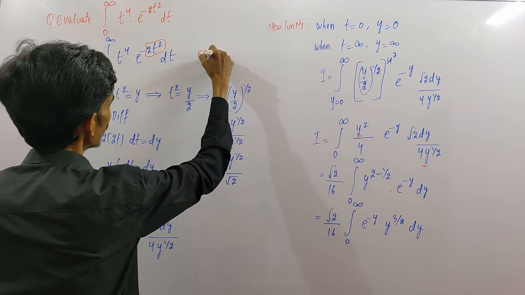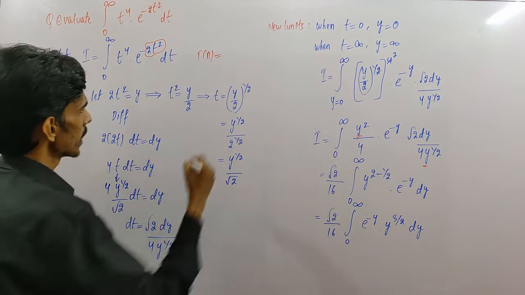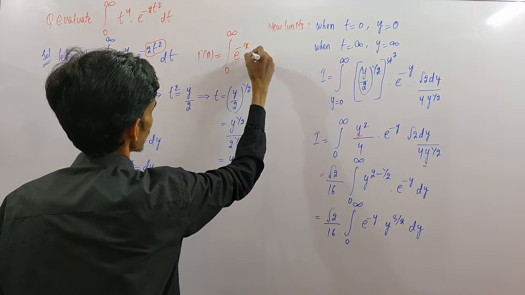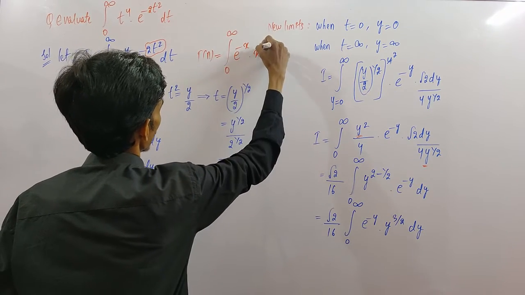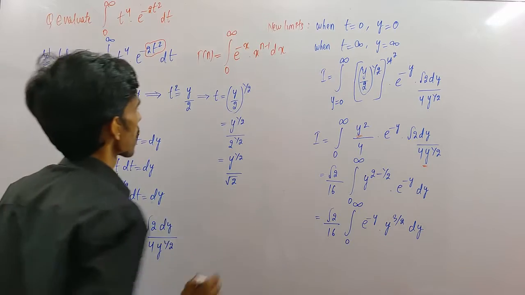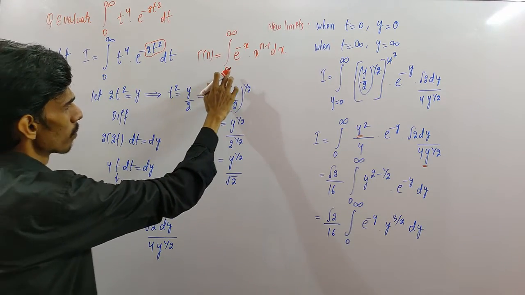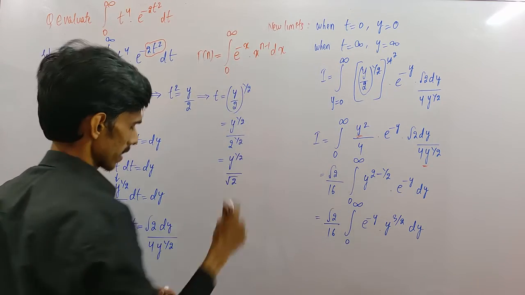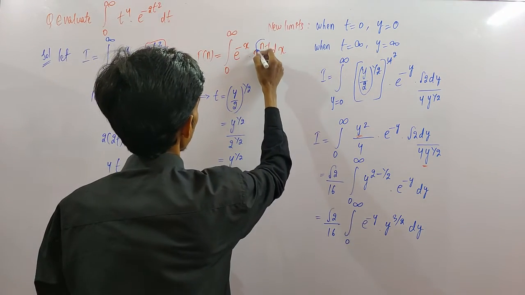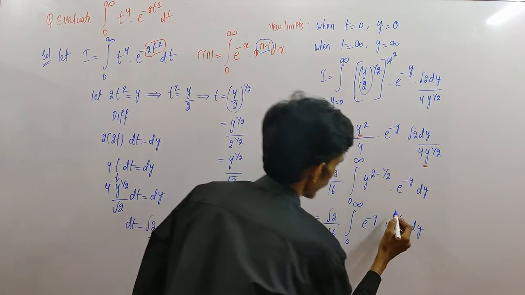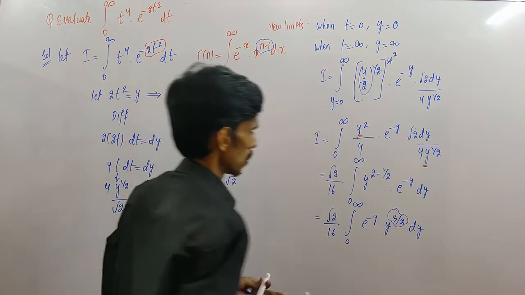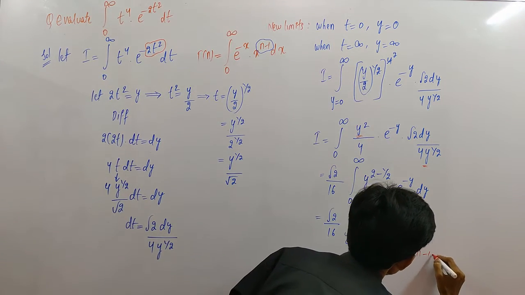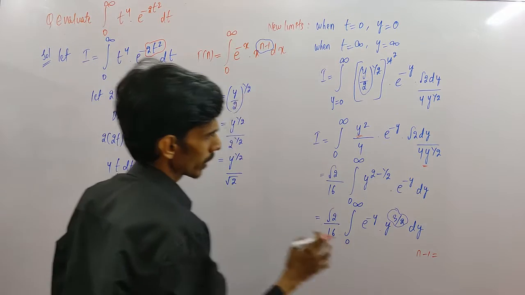Gamma of n is defined as the integral from 0 to infinity of e power of minus x, x power of n minus 1 dx. Here we have n minus 1, and here we have 3 by 2. So by comparison, we can say that n minus 1 is 3 by 2.